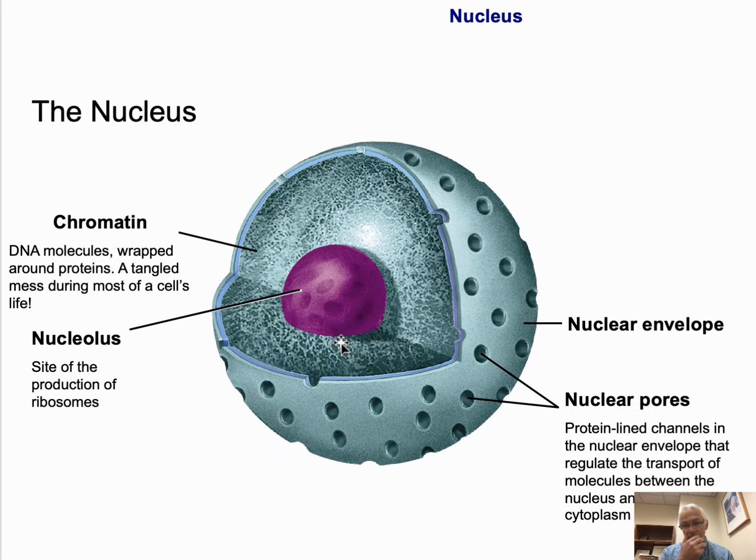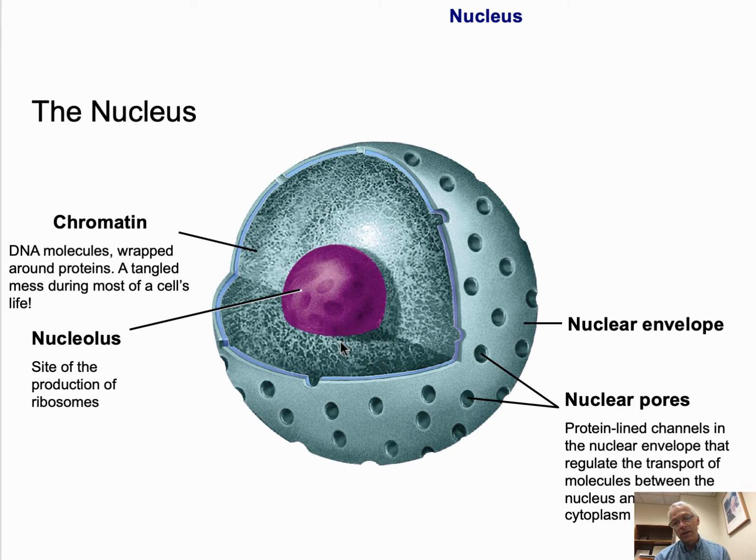The nucleus has an interesting structure that you should know a little bit about. The nuclear envelope, or the nuclear membrane, is actually a double membrane. Now, regular plasma membranes, cell membranes, are a double layer of lipids, creating a barrier.